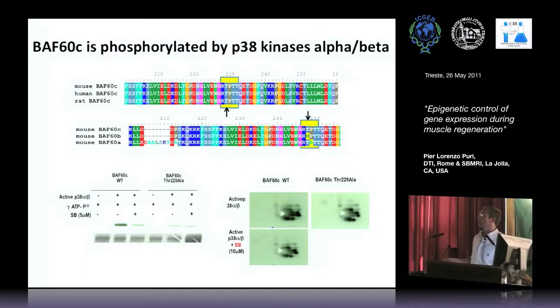Threonine 229 is highly phosphorylated by p38 alpha and beta, and this phosphorylation is abrogated when this threonine was replaced by non-phosphorylatable alanine. And the same information came out from the phosphopeptide analysis.